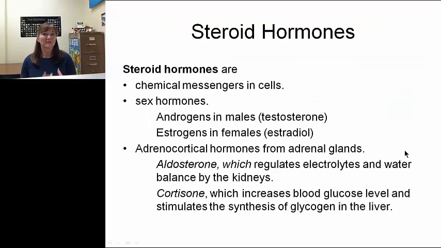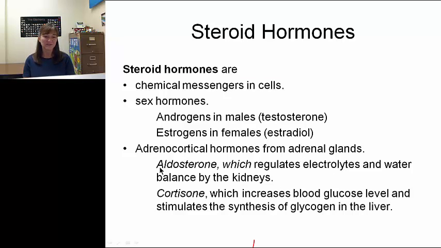Okay, so remember, cholesterol is a steroid. Many of the hormones are also steroid hormones. So some of them here to look at. Steroid hormones are chemical messengers in our cells. Some of them are sex hormones like androgens in males and estrogen in females. And we also have some steroid hormones that are the adrenocortical hormones, which are synthesized in the adrenal glands.